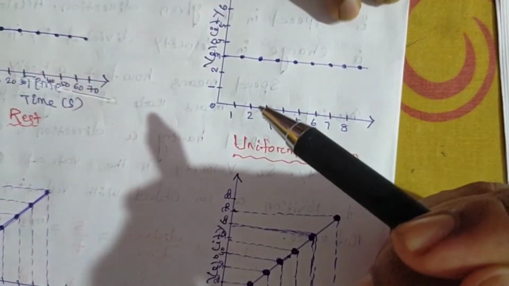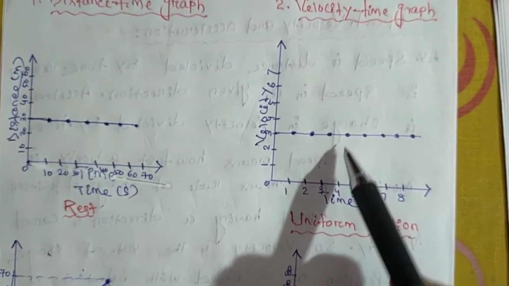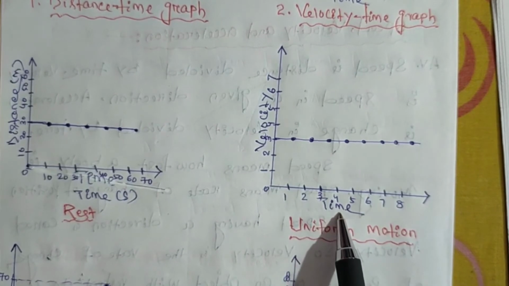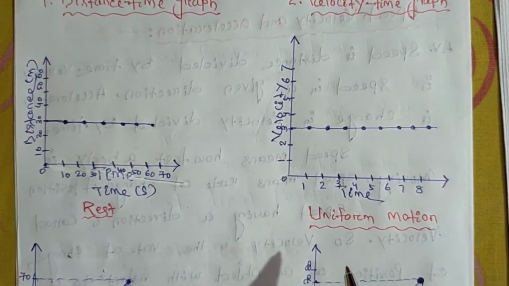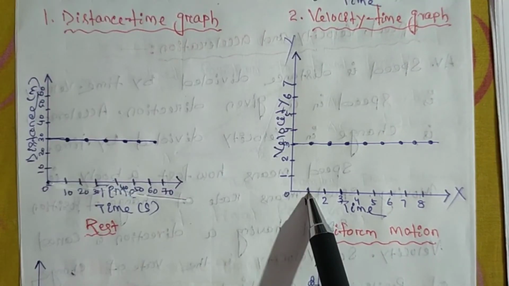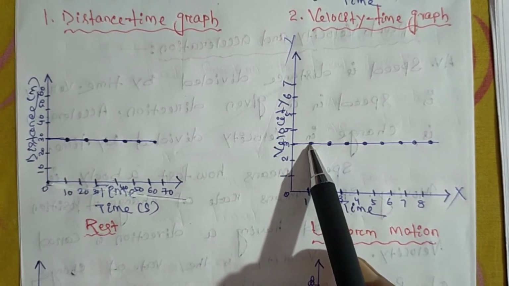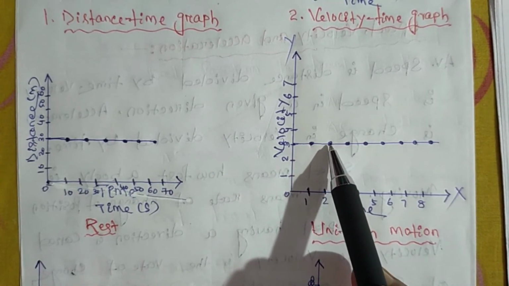As like that, in case of a velocity time graph, we can take time in the x-axis and velocity in the y-axis. What happens? In 1 second, the body is 3 meter apart from origin. In 2 seconds, 3 meter.